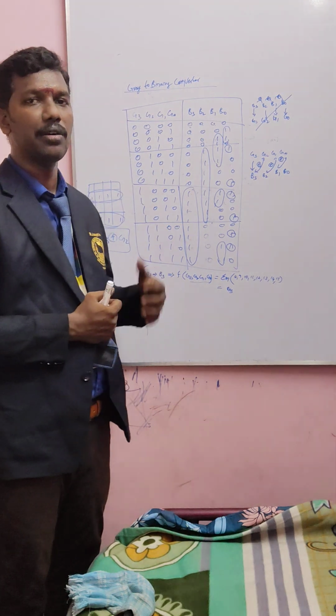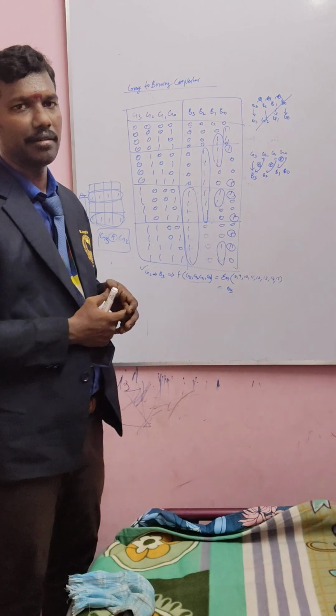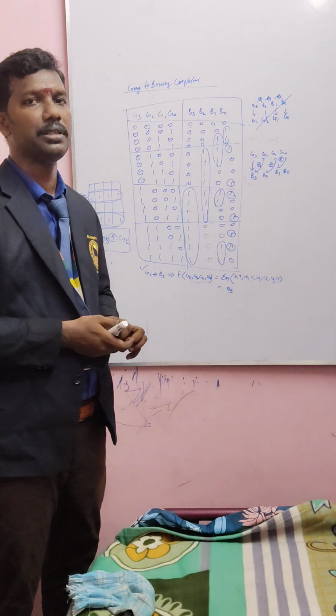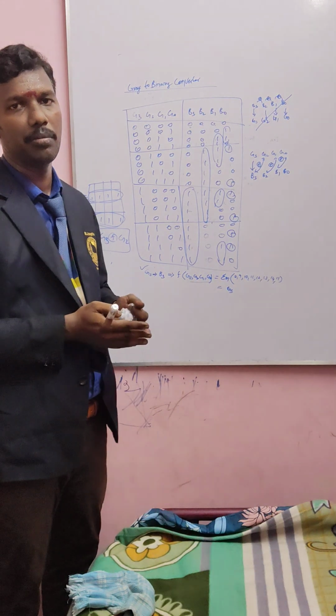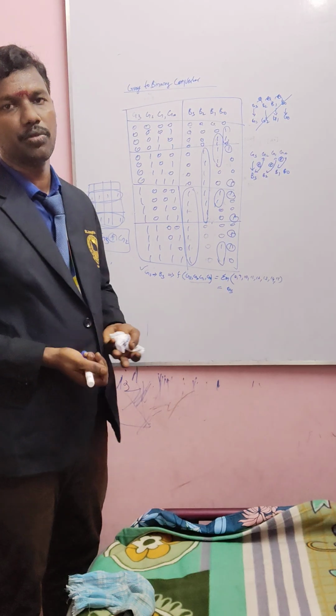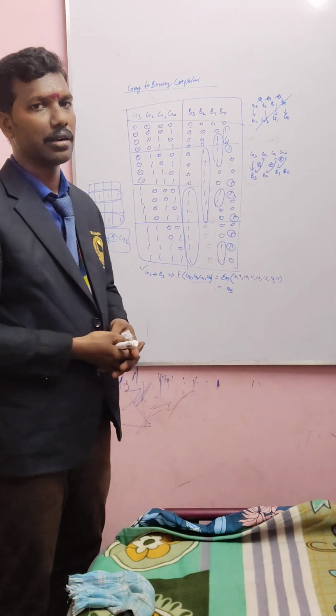If you have good practice in the numbers, you don't need to worry about this. Otherwise, if any one of the zeros and ones is changed, the complete circuit will be changed, and you are not able to put it in the K-map, and you are not able to find the Boolean expression. If you are not able to find the Boolean expression, you are not able to put the logic gates. So the outcome will not come, right?